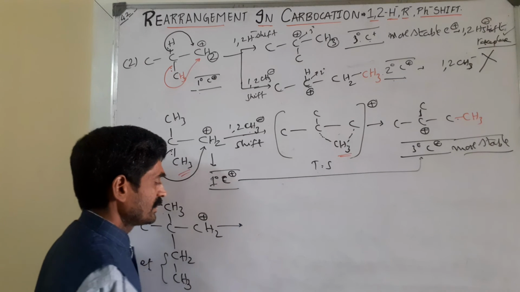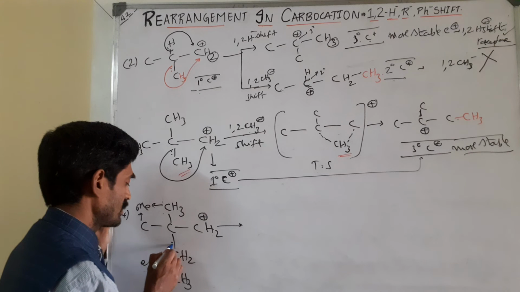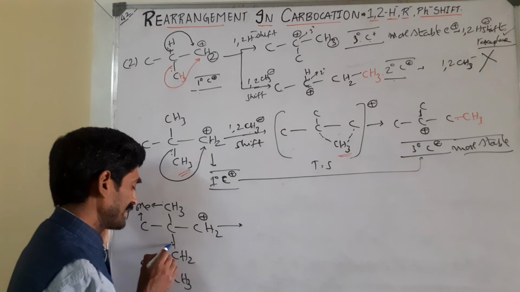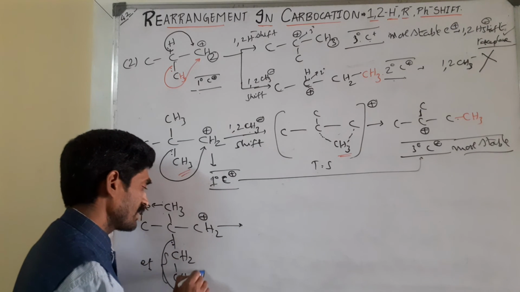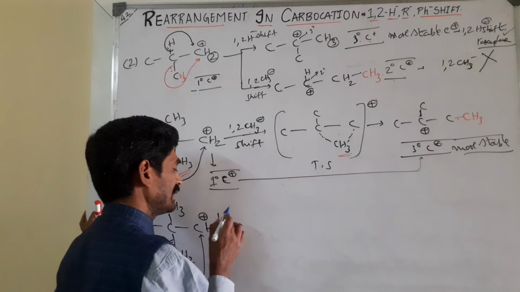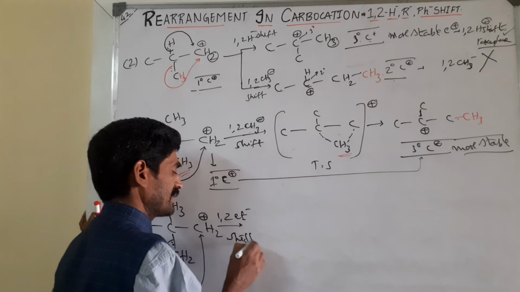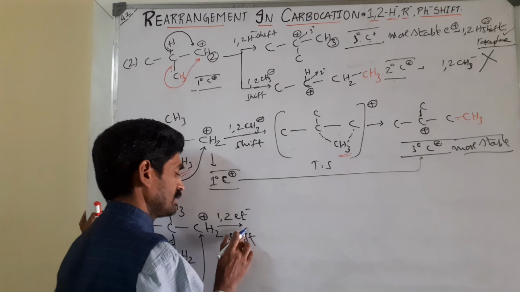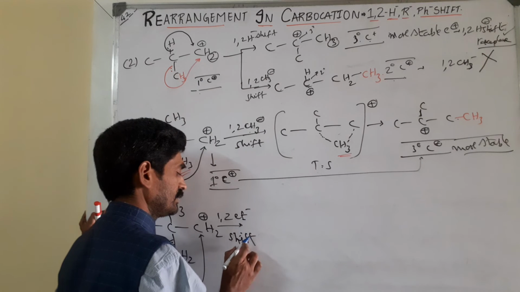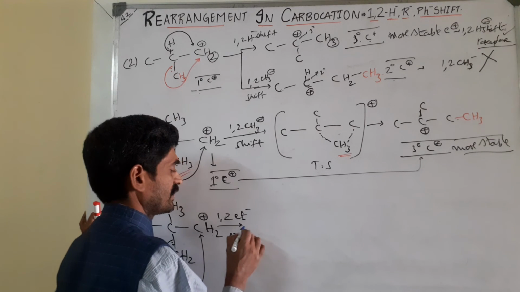For example, if this group shifts, then these two electrons are taken by this carbon and make a bond with this one. So then a 1,2 ethyl shift takes place. Then what will you get?